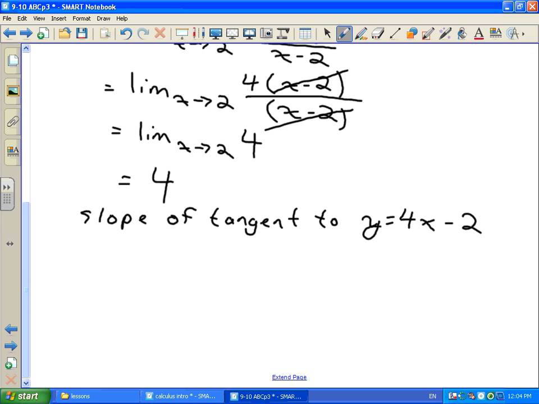The slope of the tangent to this curve at x equals 2 is 4. So there we've got the slope of our tangent.